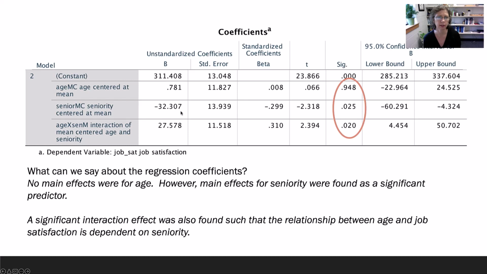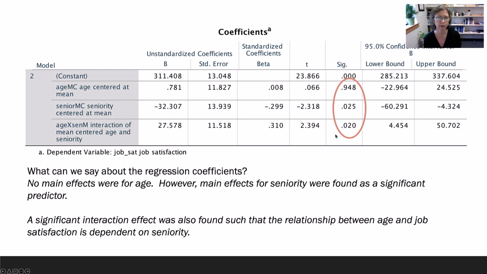There was a significant difference in job satisfaction due to someone's seniority. For every 1 unit increase in seniority, job satisfaction decreased, the negative, by 32.307. So people who had been with the company longer had lower job satisfaction.